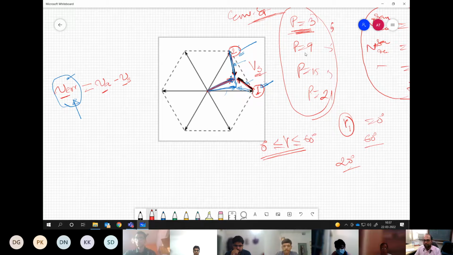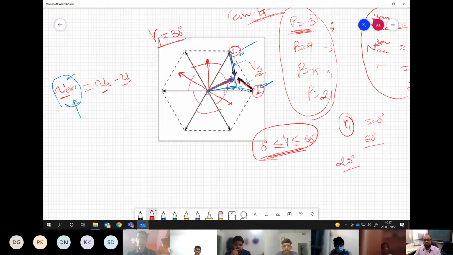So yes, when we have just one sample, we can say that our gamma 1 is 30 degree. Gamma is something which is changing between 0 and 60 for each sector. So everywhere we can have a sample located in the middle of the sector. Understanding my point? Is this clear?